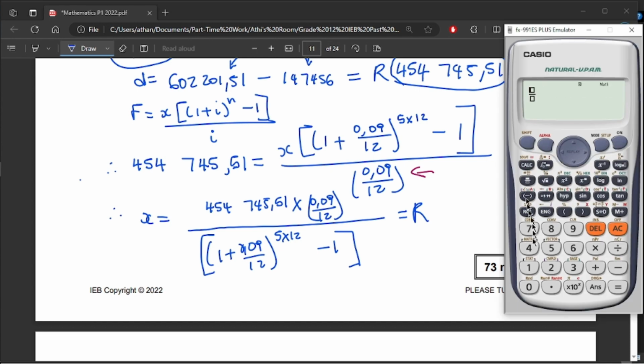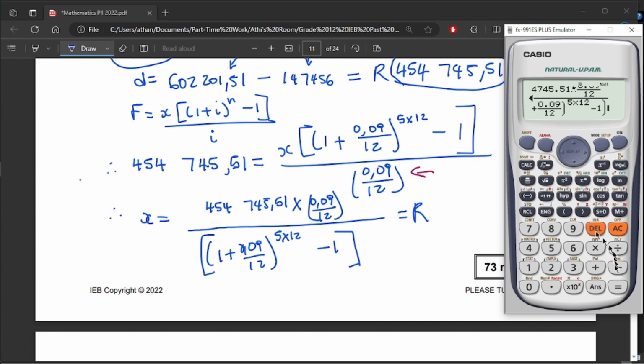Now the value of x is, we said it's 454 745,51 times our fraction, which is 0,09 over 12. All of that is divided by 1 plus 0,09 over 12 to the power of 5 times 12. 5 times 12 is 60, guys.